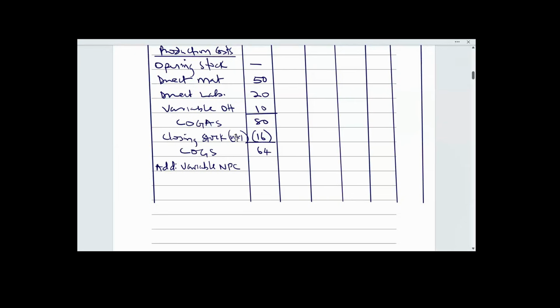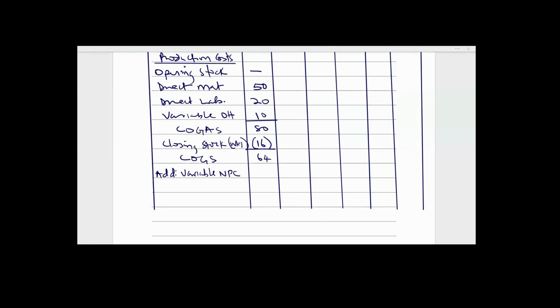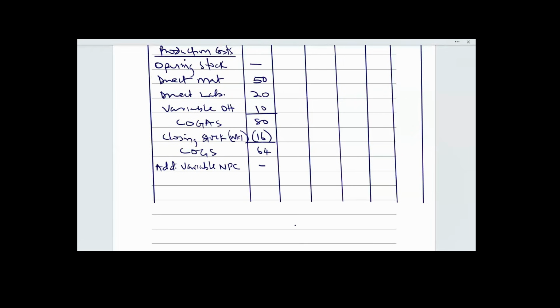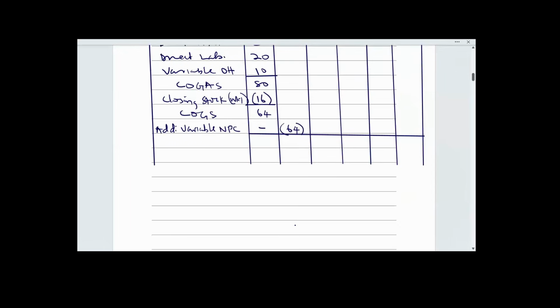No. We are not given any selling expenses, so you are going to ignore that information. So just put a dash. Then in that case, here will be 64. 128 minus 64 will give us 64,000.